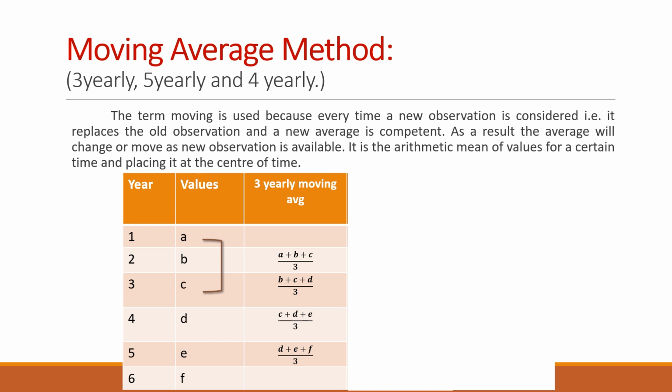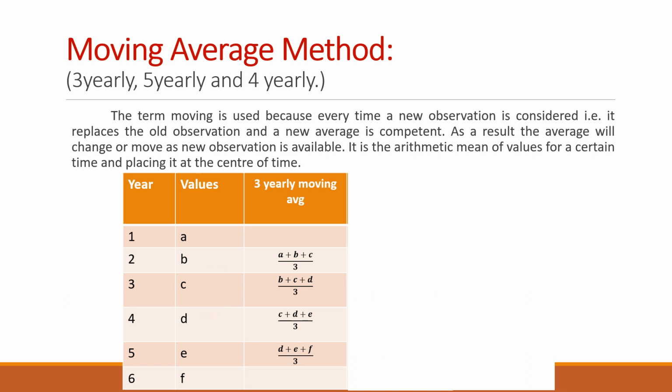Next, for the next average, we take the value D and replace A with D. So the next new average is B plus C plus D divided by 3.